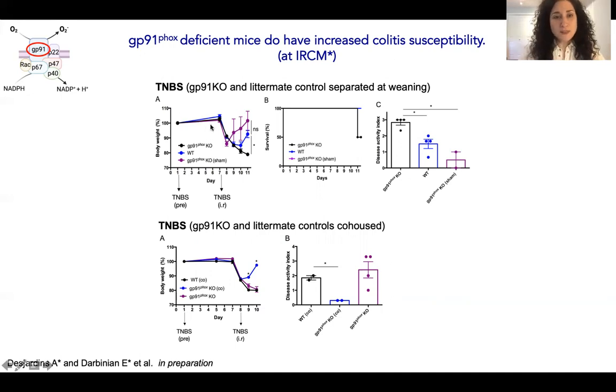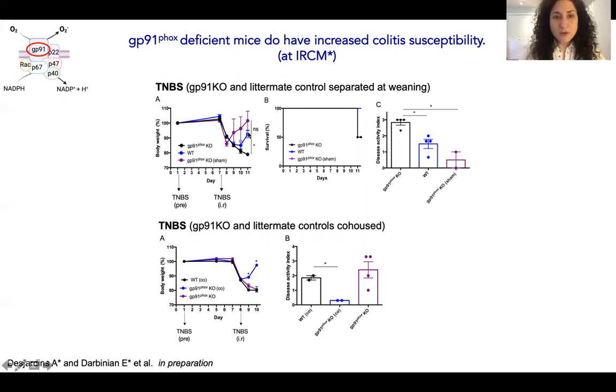And when we do this, we find that the wild type mice, as expected, recover from the TNBS colitis. Just as a note, the sudden drop in weight at day 7 is really related to the overnight fast prior to the intrarectal injection of TNBS.